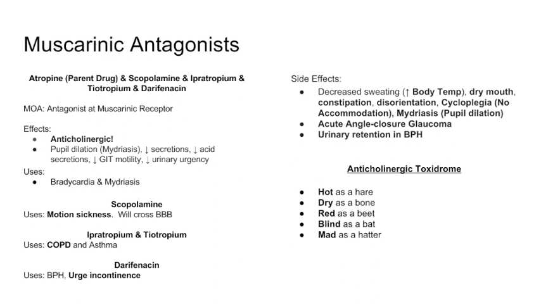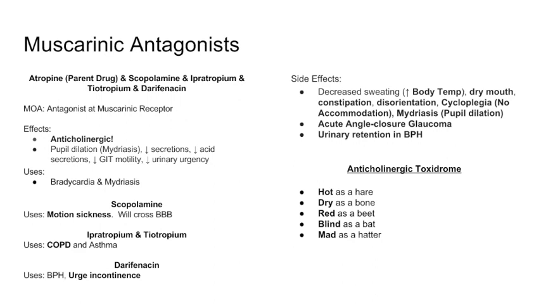In addition to mydriasis, it can also cause cycloplegia, which is the inability to accommodate, which is the focusing, or the constriction of your pupil when you're focusing on an object as it comes towards you. It can also cause acute angle closure glaucoma and urinary retention in patients with BPH or just elderly patients in general. So it's very important to remember all of those side effects.